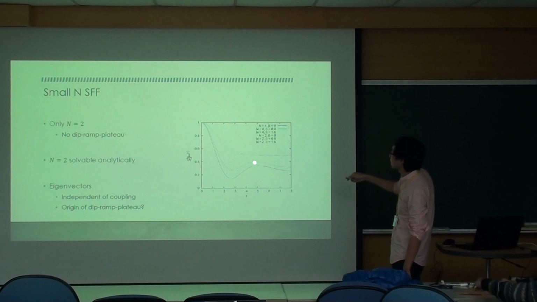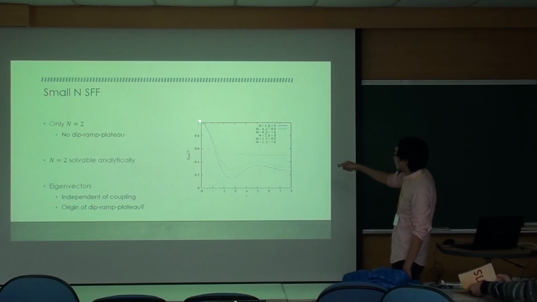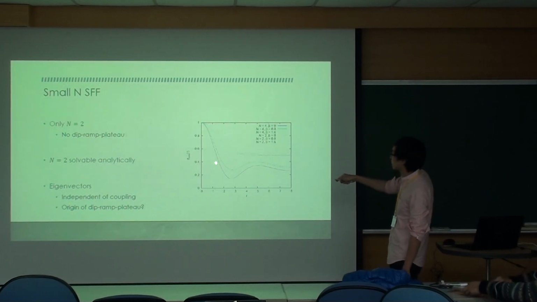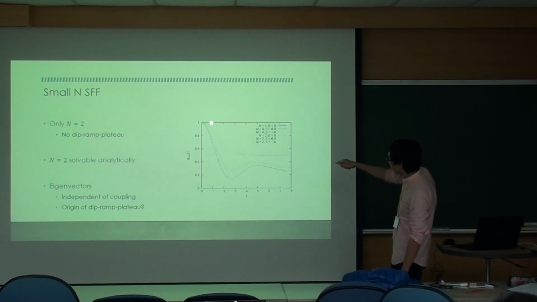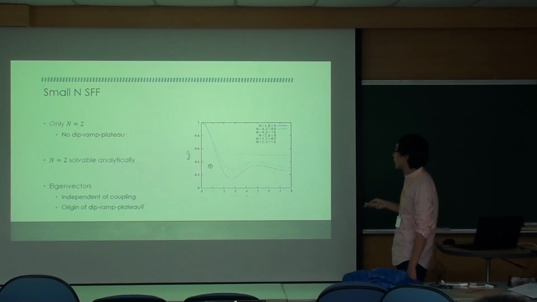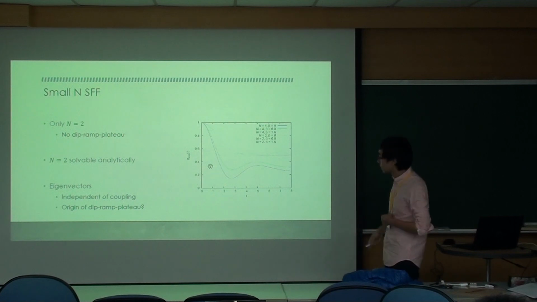This part is the n equals 4 behavior. Down to n equals 4, we still see the expected behavior of a chaotic system: first a decrease, an increase, and then it flattens out. But when we go down to n equals 2, it's simply a decay and it just flattens out. So there's no more linear increase in the system.